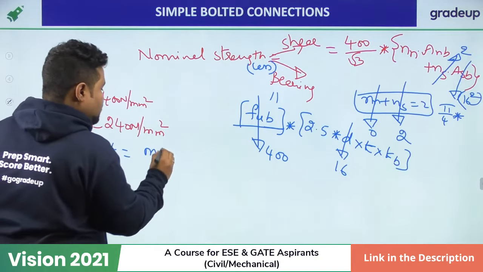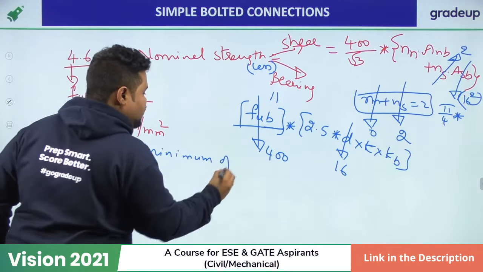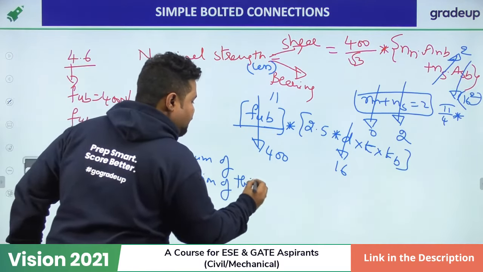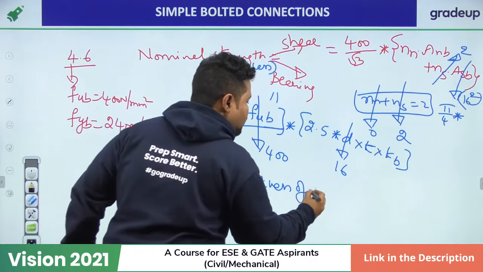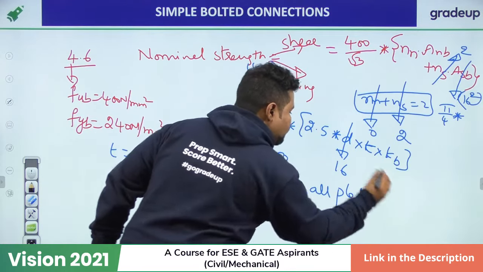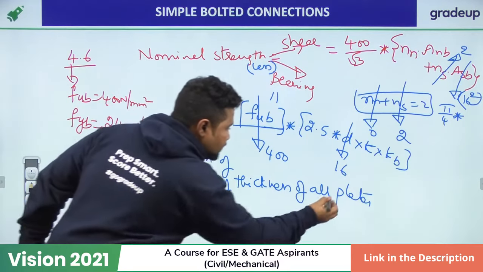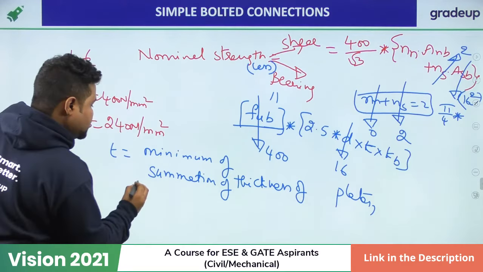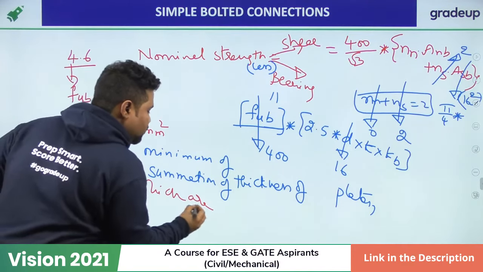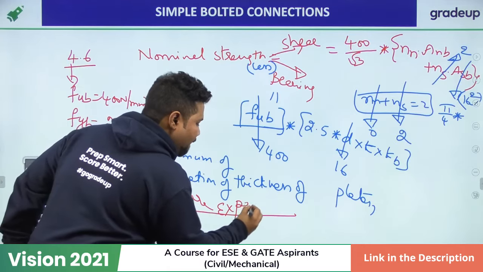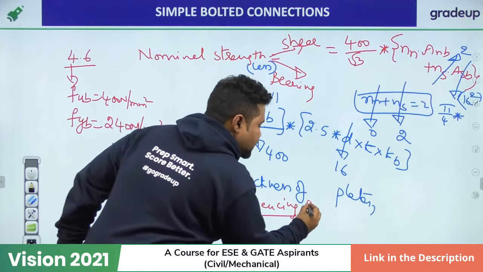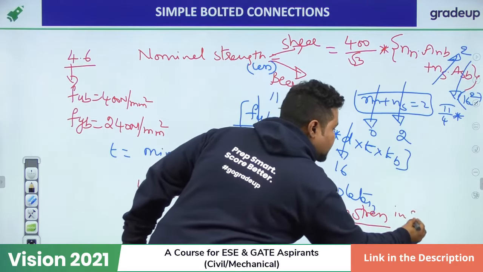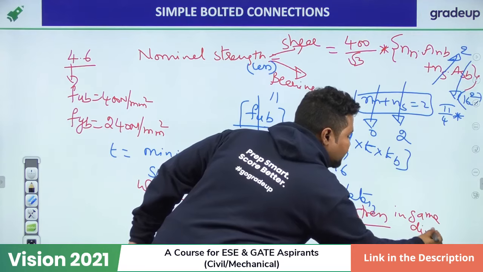So T is minimum of summation of thickness of plates which are experiencing, this is the keyword, which are experiencing bearing stress in same direction. This is the actual definition for T.